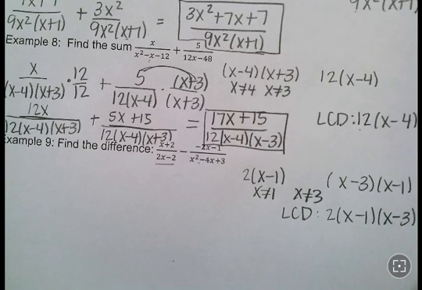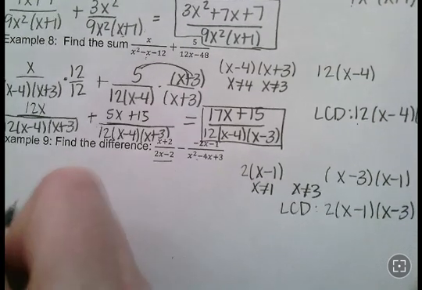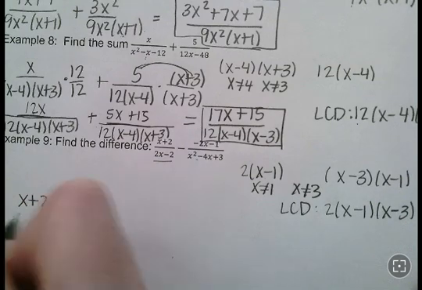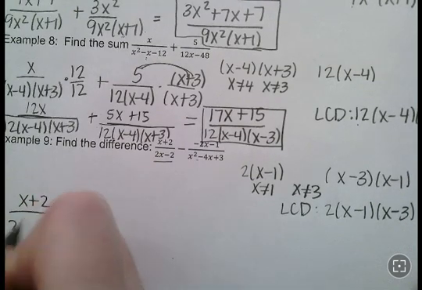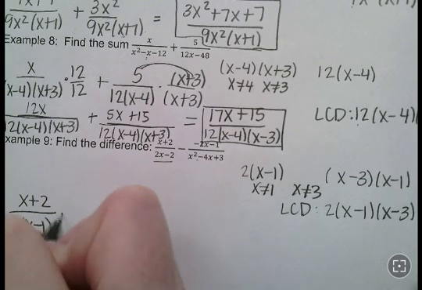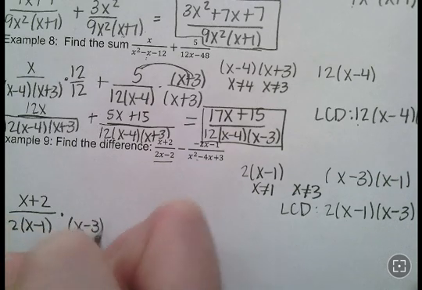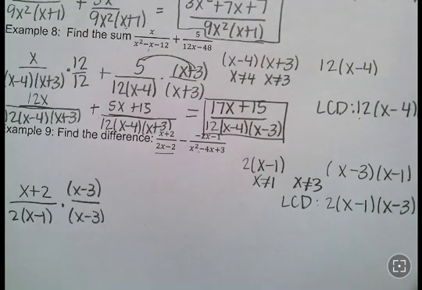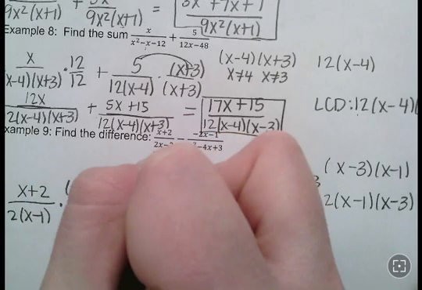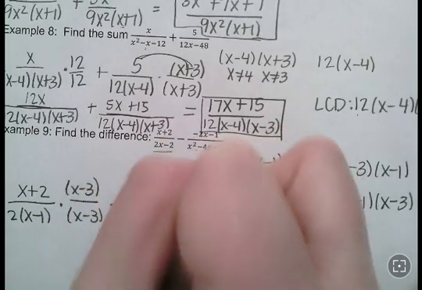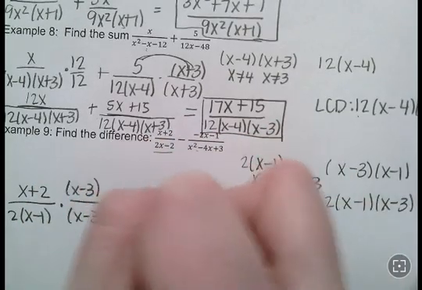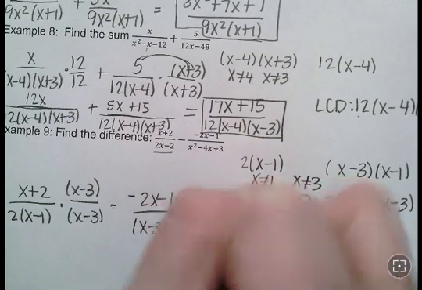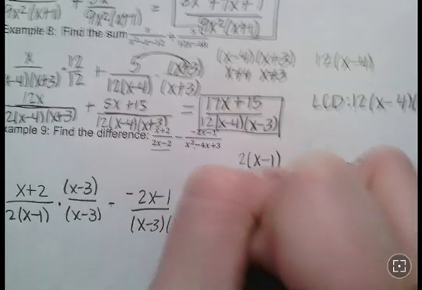Okay? Beautiful. So now we go and we have, okay, x plus 2 over 2, x minus 1. So we need the x minus 3. We need the x minus 3. Okay? And then we've got minus negative 2x minus 1 over, this is x minus 3, x minus 1, so we're missing the 2.